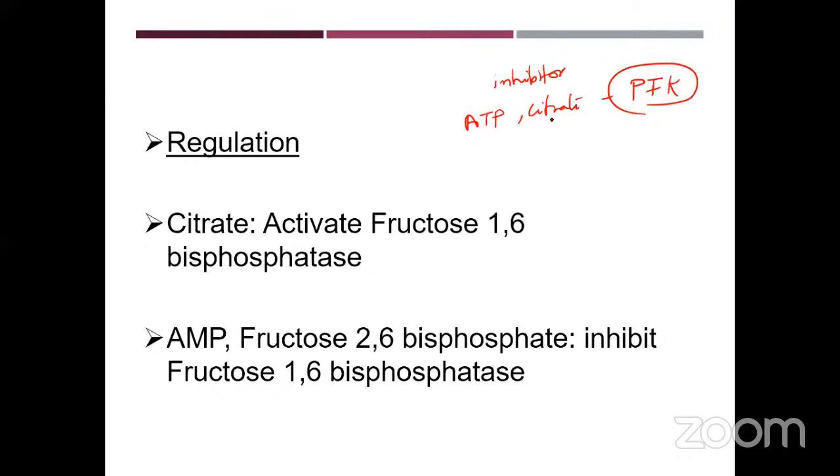So in the case of gluconeogenesis, it is the opposite. They will activate fructose 1,6-bisphosphatase. Okay, and AMP and fructose 2,6-bisphosphate will inhibit gluconeogenesis. When you study the activators, inhibitors and regulators in glycolysis, you can simply write those for gluconeogenesis because it is just the opposite.